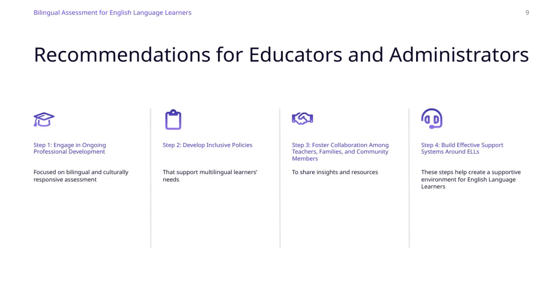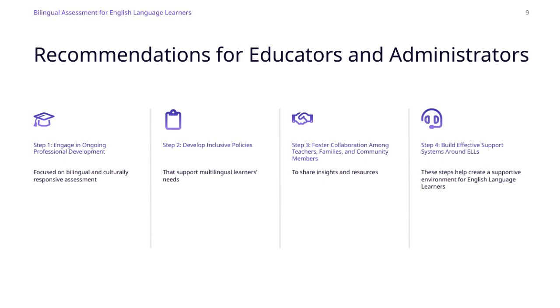To start, it's essential for educators and administrators to engage in ongoing professional development, especially focused on bilingual and culturally responsive assessment. This helps us better understand and meet the needs of our diverse learners. Next, developing inclusive policies is crucial. These policies should specifically support multilingual learners, ensuring they have equitable access to resources and opportunities.